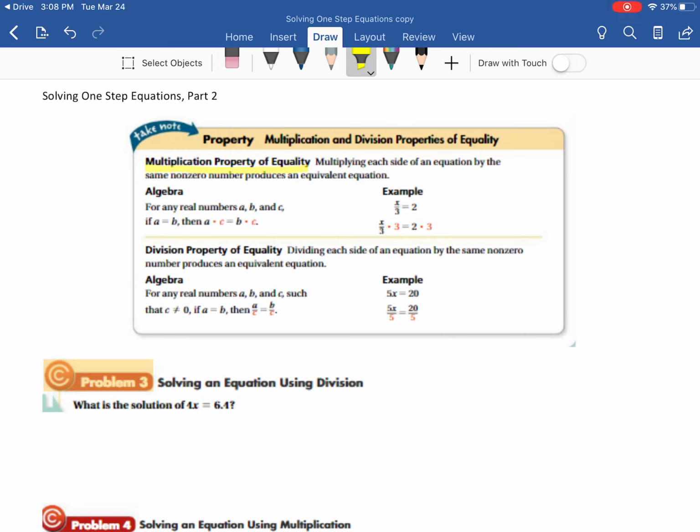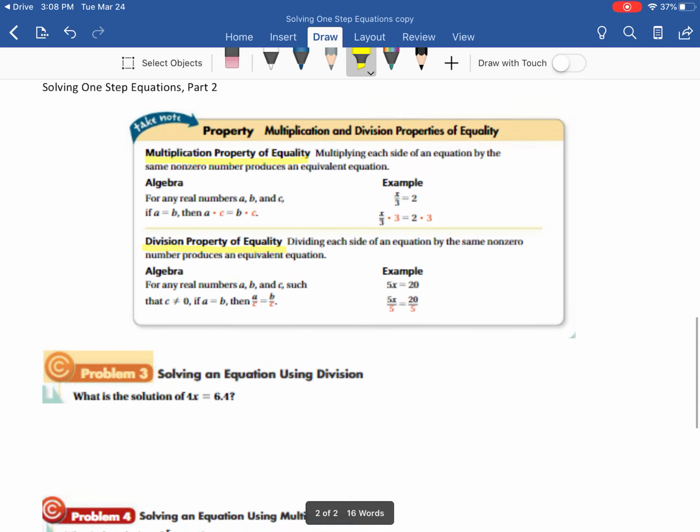And then the division property of equality, you guessed it, means we are going to divide both sides of the equation by the same value to produce an equivalent expression. This helps us in solving equations. Remember, if you do it to one side of the equation, you've got to do it to the other.